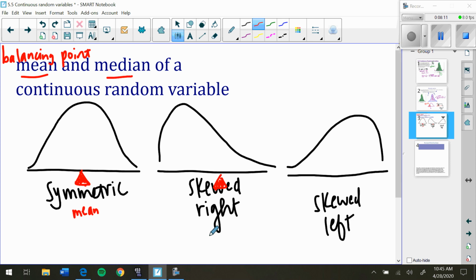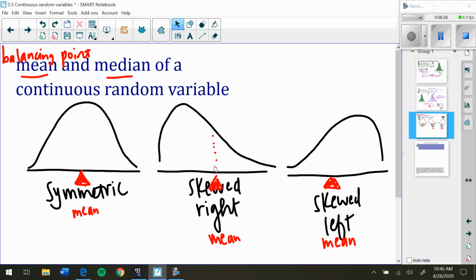This over here is our mean. And then similarly, for a skewed left distribution, the mean is going to be more towards that left tail. Here, I maybe didn't draw it perfect, but I'm probably going to scoot it over just a little bit. If I found this area and this area right here, they should be about equal in weight.